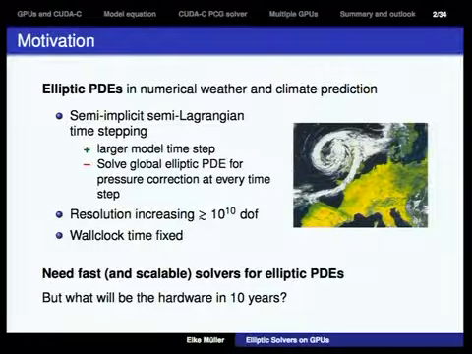But on the downside, you have to solve a global elliptic PDE for the pressure correction every model time step. That is often a bottleneck in your implicit code, and there is also a perceived notion that this limits the scalability of the model.